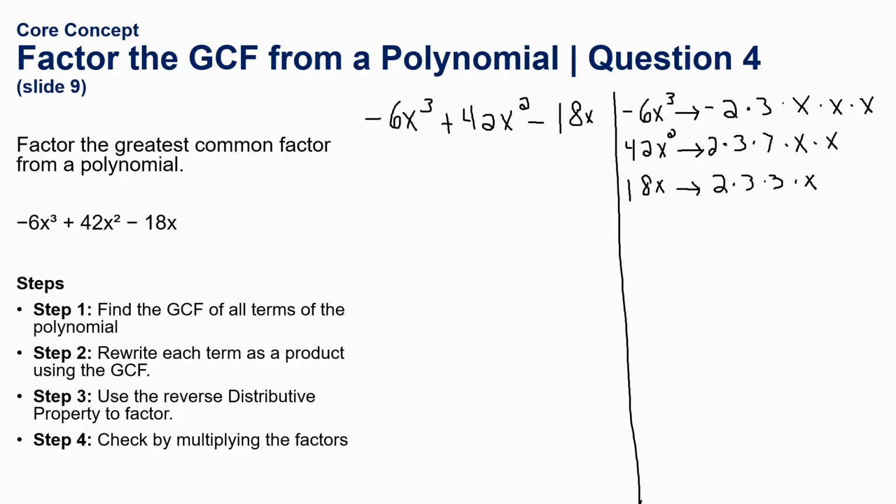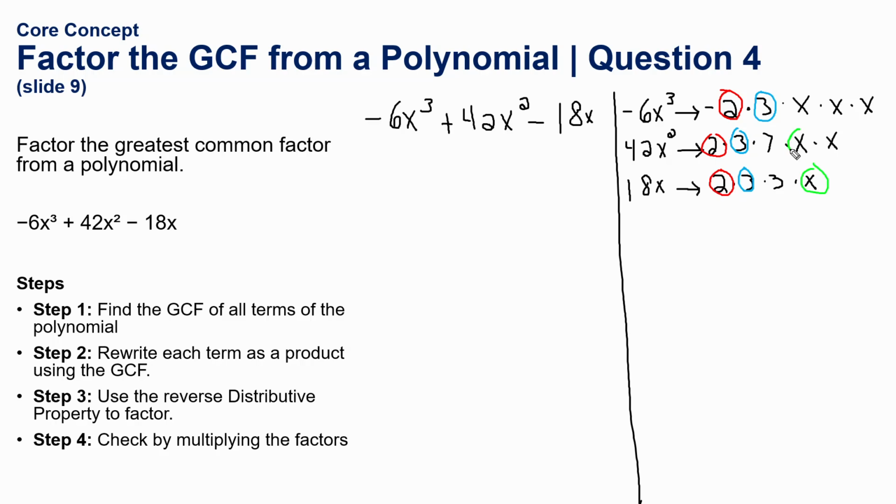So then matching up our terms, I see a 2 that appears in all the lists. So 2, 2, and 2. And then I see a 3 that appears in all the lists. So 3, 3, and 3. The 7 does not appear in all 3 lists, and the extra 3 does not as well, so those get eliminated. And then I have one of the x terms.